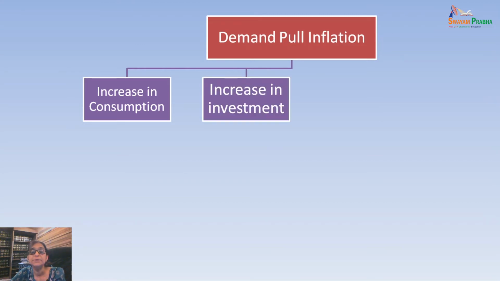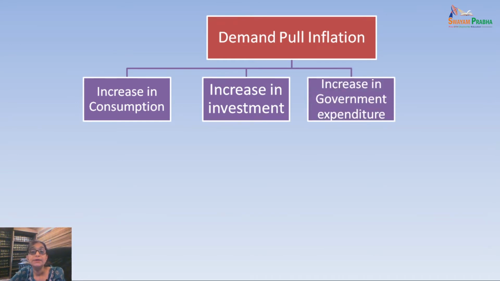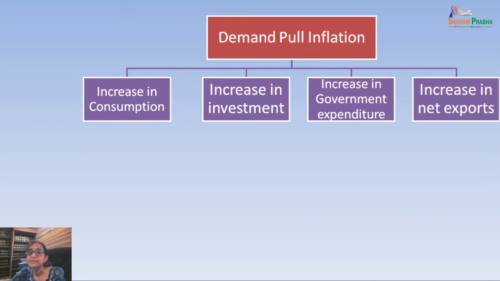Second reason can be an increase in the investment which is put in by the firms. Then an increase in the government expenditure or an increase in the net exports. What is net exports? It is exports minus imports. So when all the four factors which determine the aggregate demand in the economy increase, this leads to a shift of the aggregate demand curve and it pulls up the prices.